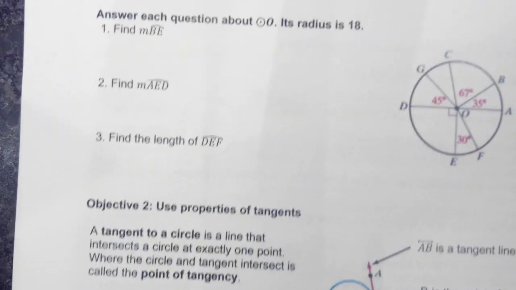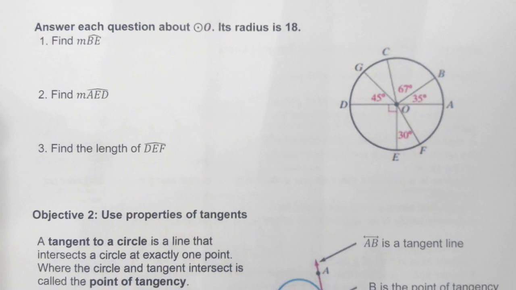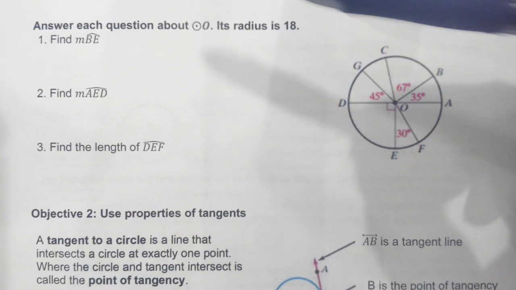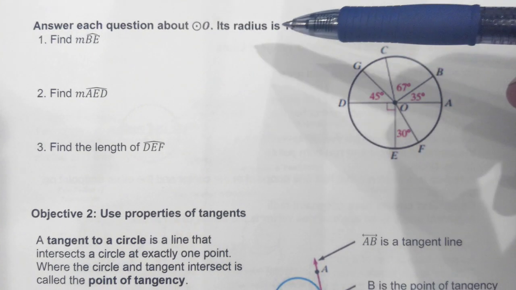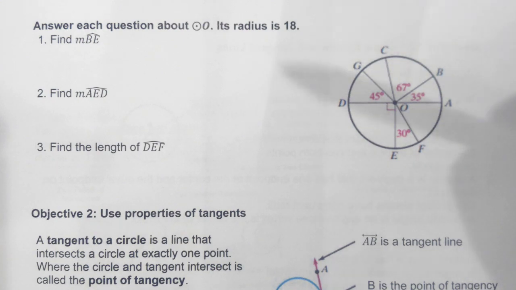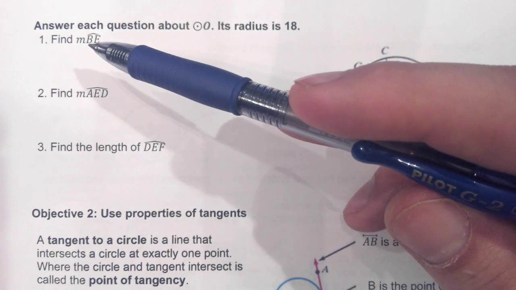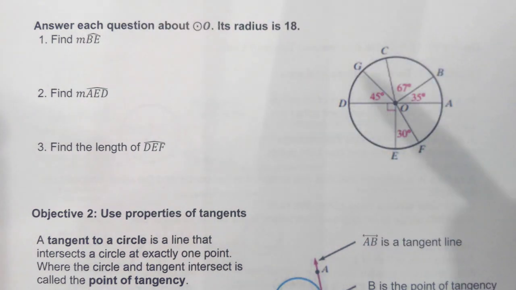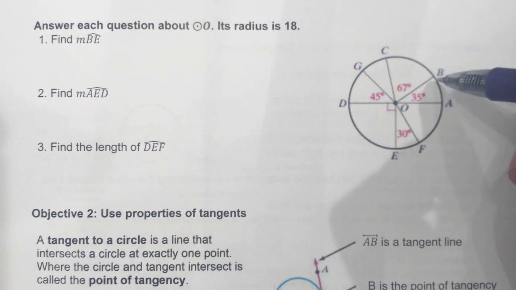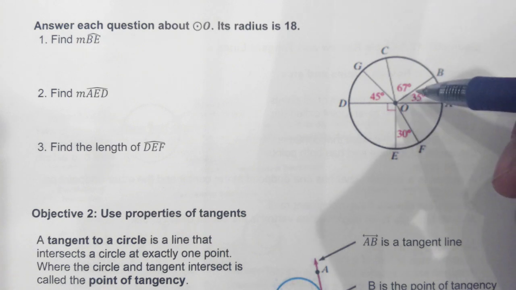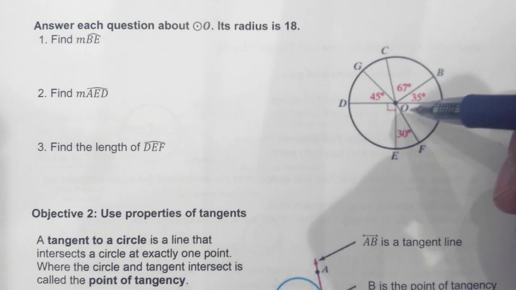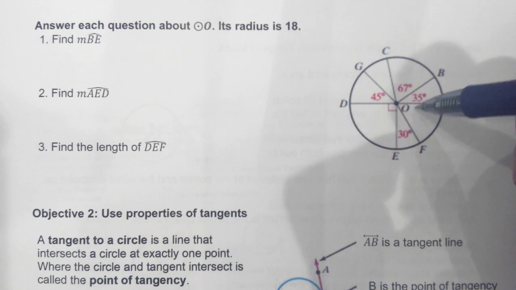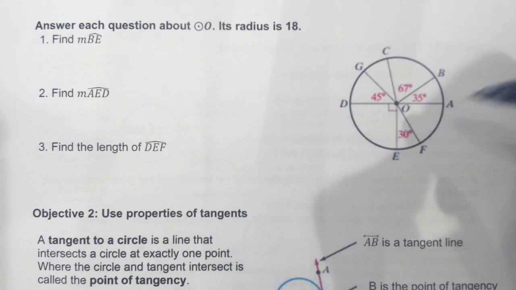We'll have a couple of review questions here. It says, answer each question about circle O. Its radius is 18. First, find the measure of arc BE. Remember, measure is the same as central angle. From B to E, we're just missing one of those angles, and then we can add all of those together.